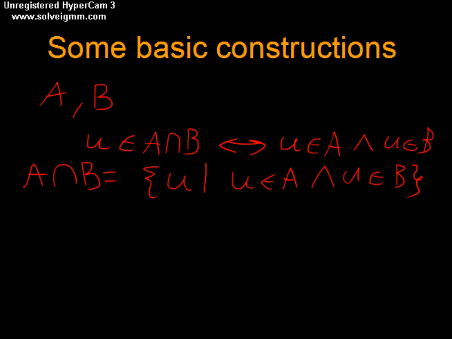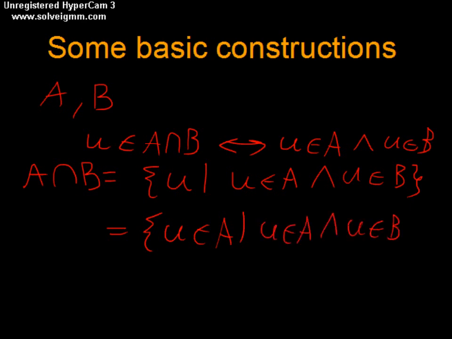But recall, the intersection will always be a subset of A. So we can as well write this as the set of all u in A such that u is an element of A and u is an element of B. This is a valid set according to the axiom of separation. We can as well write it, of course, as u element of A such that u is an element of B. This defines the intersection of two sets.